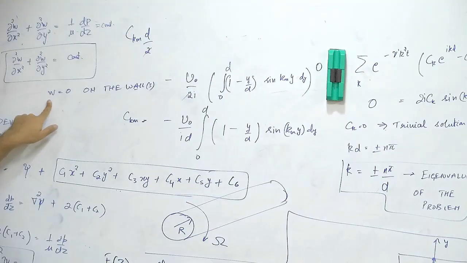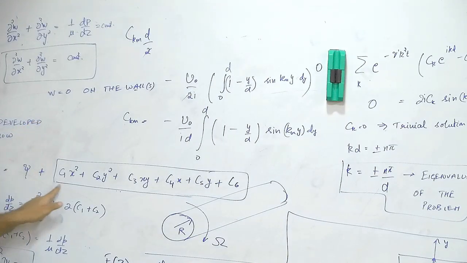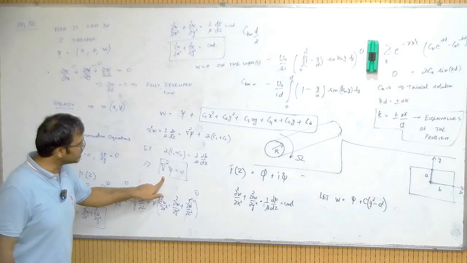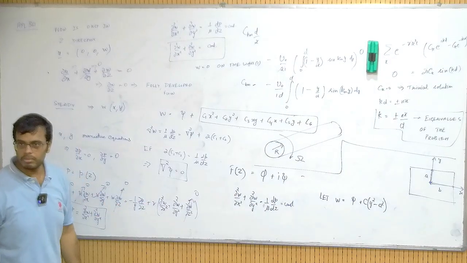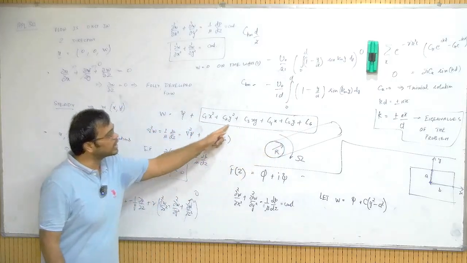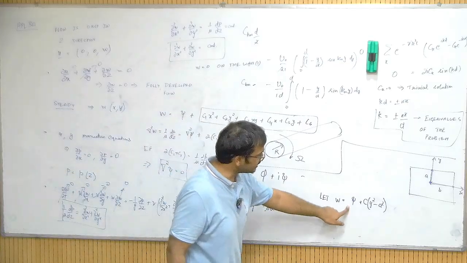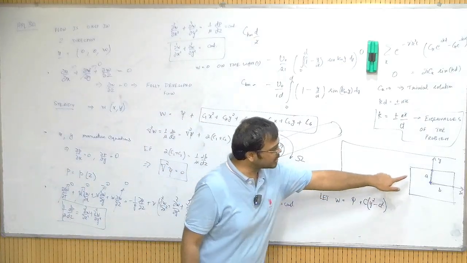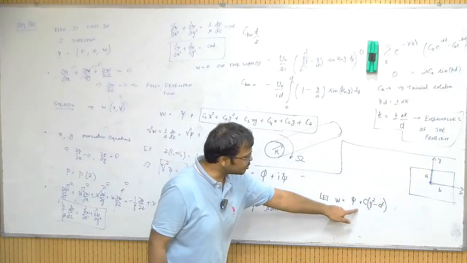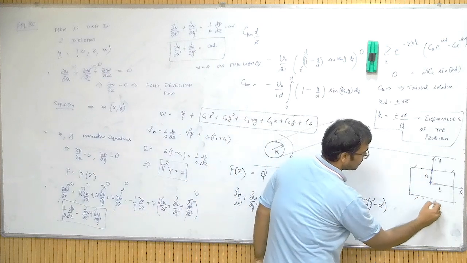The boundary conditions for W were easy. Once you substitute for any general constant, the boundary conditions of psi will be very difficult to formulate. So we should try to formulate a function which helps us in defining the boundary conditions as well. And as you will see here, when I put y equals plus minus a, this helps me simplify the boundary conditions at least on these walls as well.